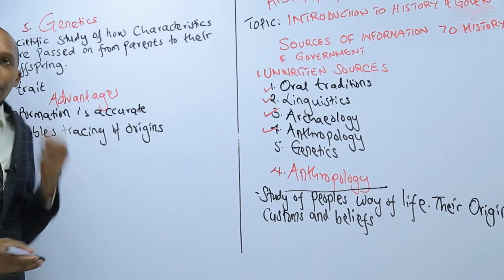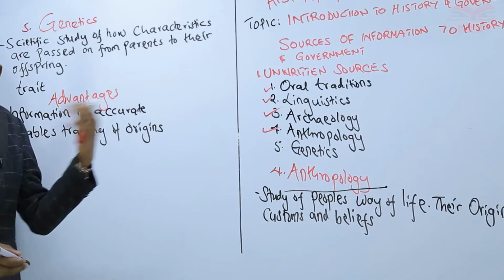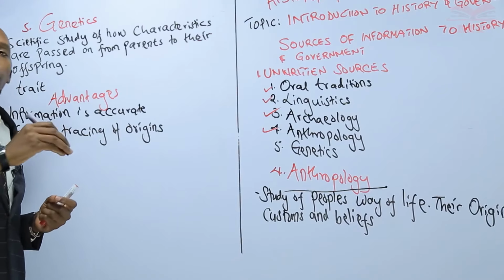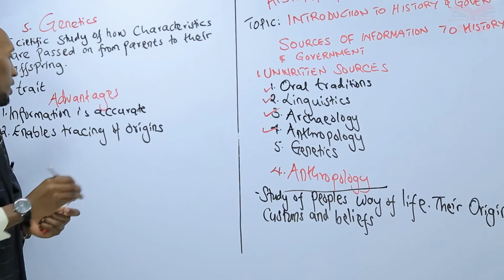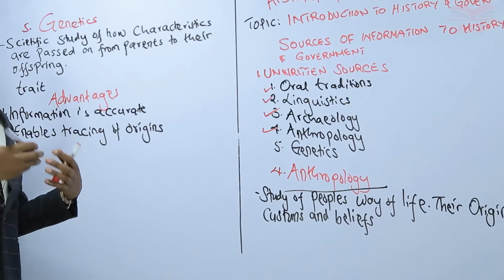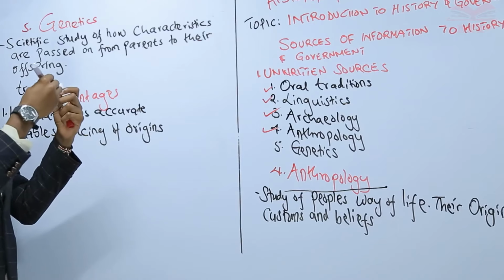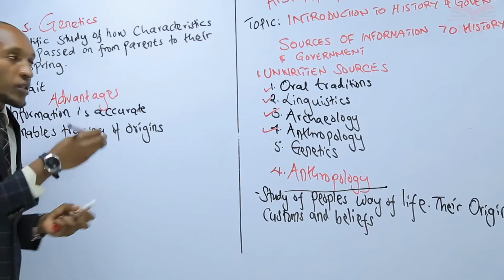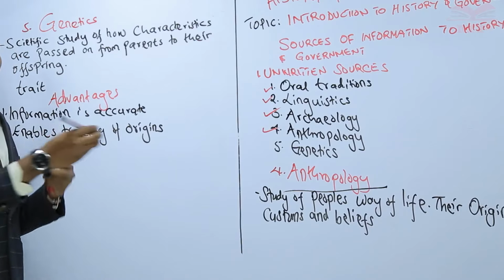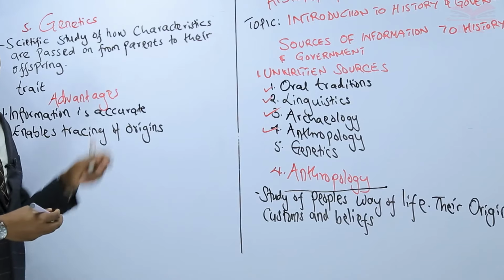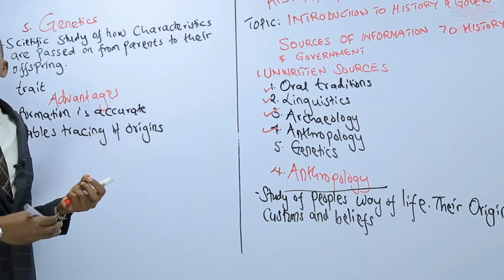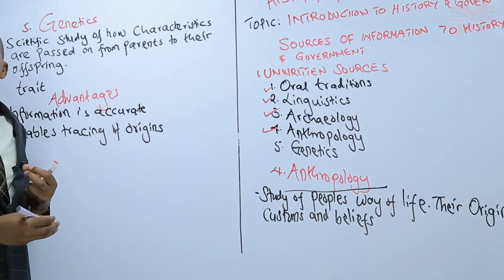As in the example I've given you about the black Americans, you can explain the existence of black people in America through genetics by saying that Africans were moved into America during the transatlantic trade, and they intermarried with the native people of America to bring the black American race that we have in America.